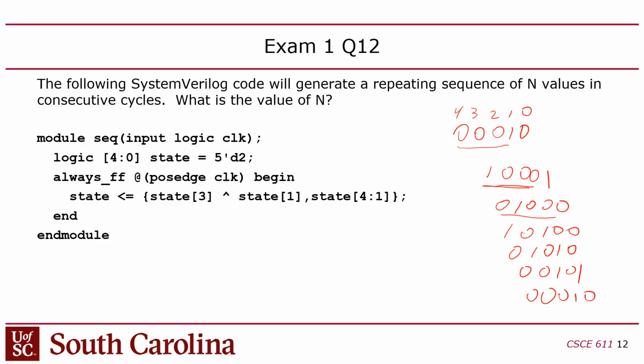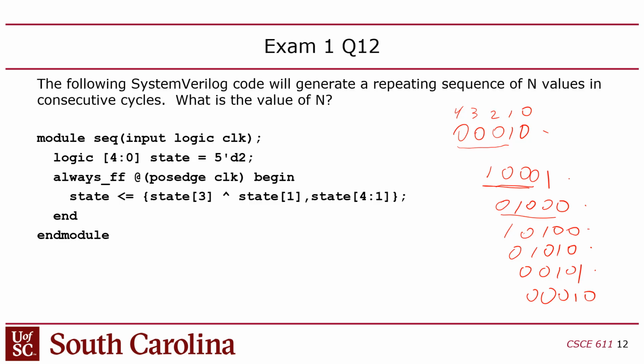So you can see that we eventually landed back on 2, but it took us 1, 2, 3, 4, 5, 6 cycles. Once we get back to 0, 0, 0, 1, 0, it's going to repeat that same sequence again.